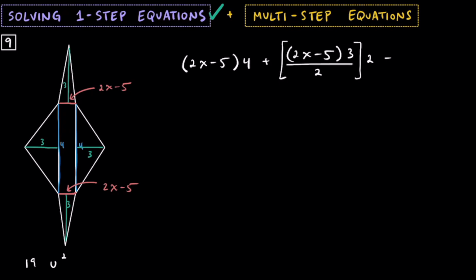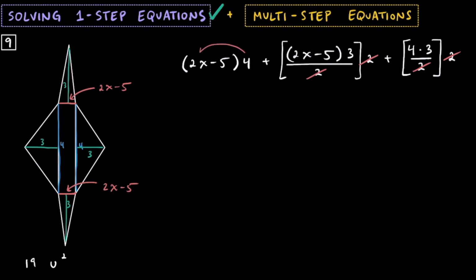And then after that, we have to do those triangles that are on the side. The base is going to be 4, and the height is going to be 3. So it's 4 times 3 divided by 2. But again, we have 2 of those triangles, so we multiply that by 2. Hopefully you see that if we divide by 2 and times 2, those will cancel out, and the same for the other.